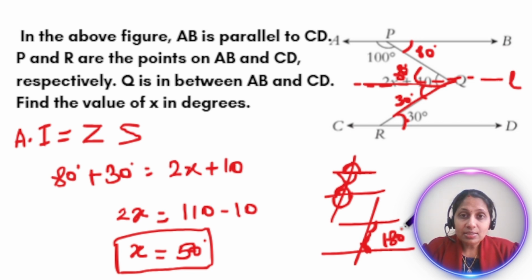The third is when two parallel lines are cut by the transversal, then you get three different types of angles. First is the alternate interior angle, which are equal. Second is corresponding angle, which are again equal. Third is the co-interior angle, which add up to 180 degrees.